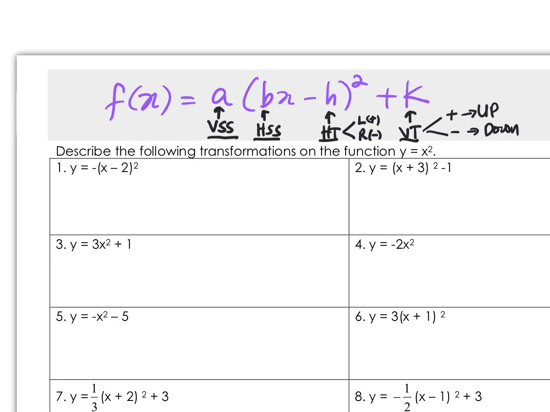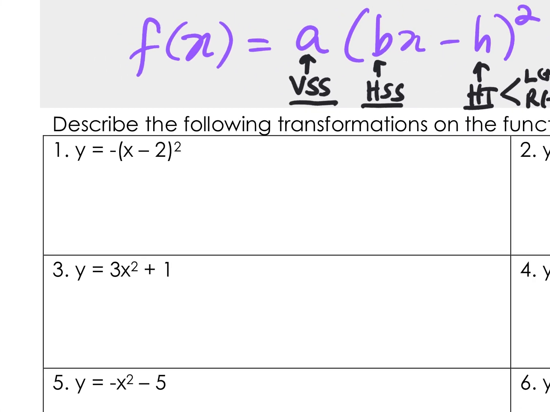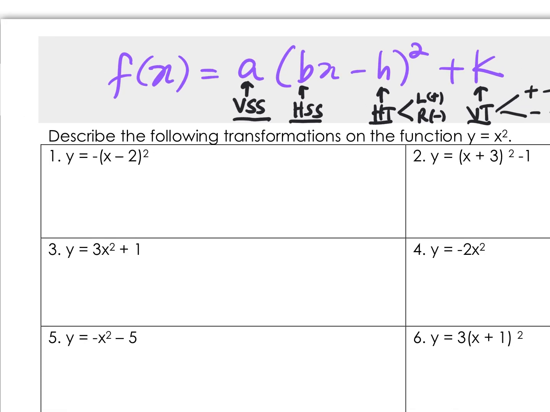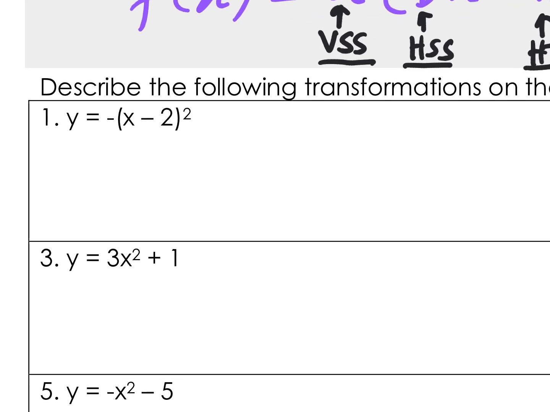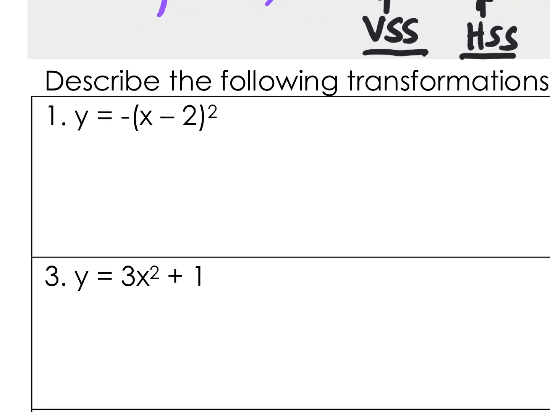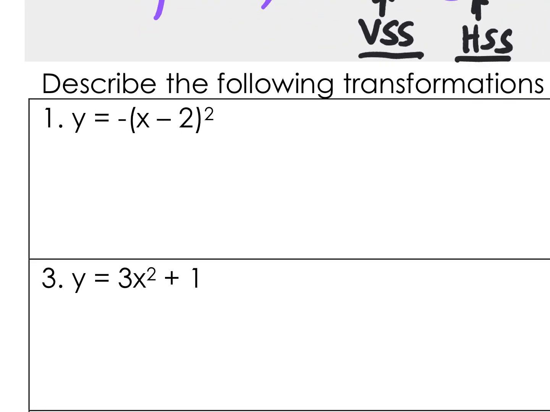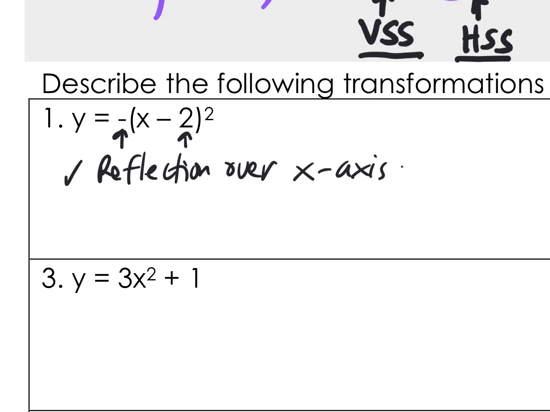Okay, so let's put into practice what we have learned today. Describe the following transformation on the function y is equal to f of x. What I can see in here is a reflection, and there's a horizontal translation here. So let's write the transformation. First one is a reflection over the x-axis.